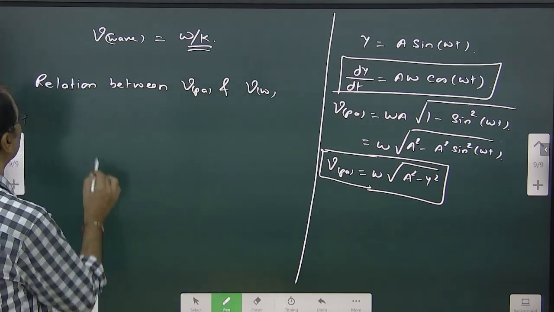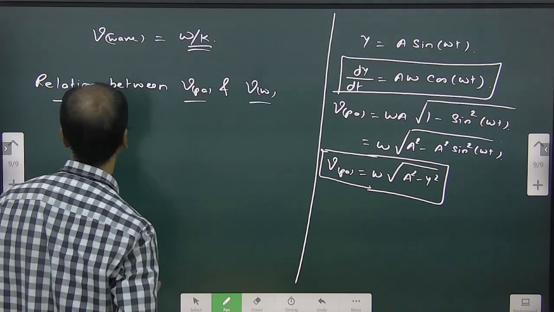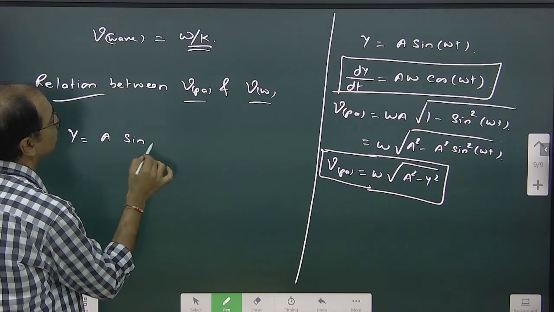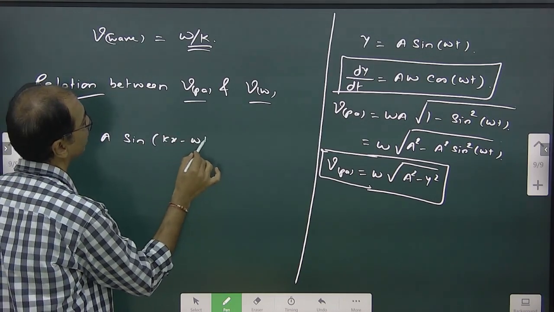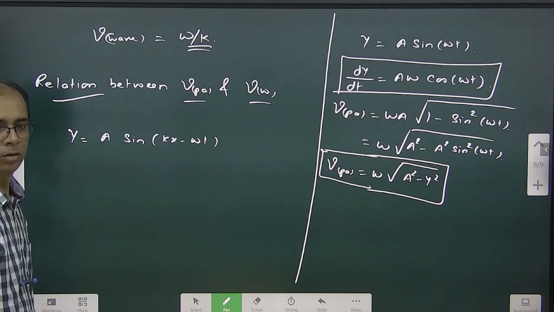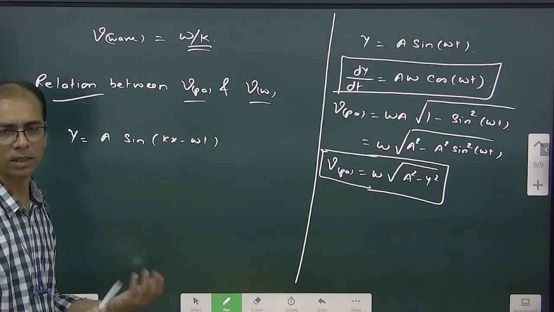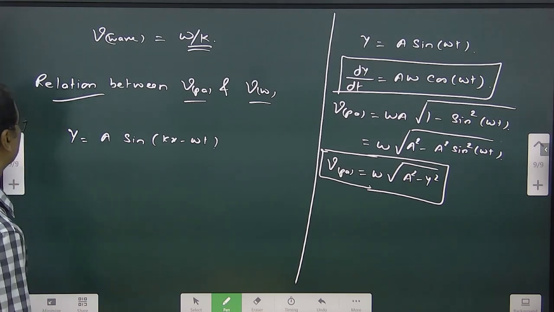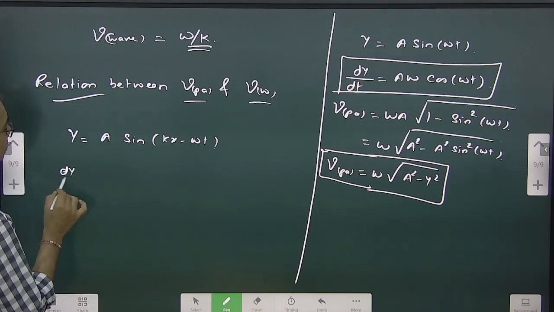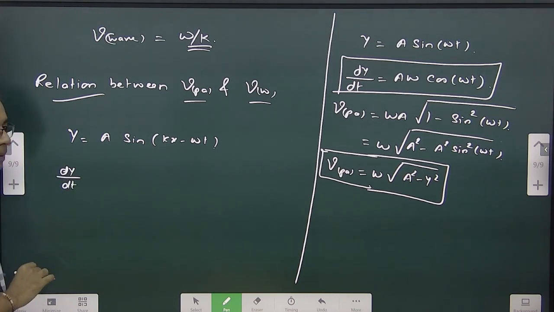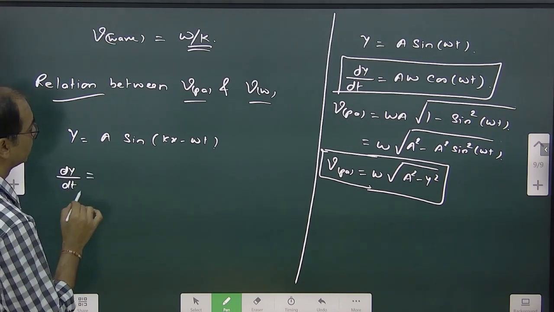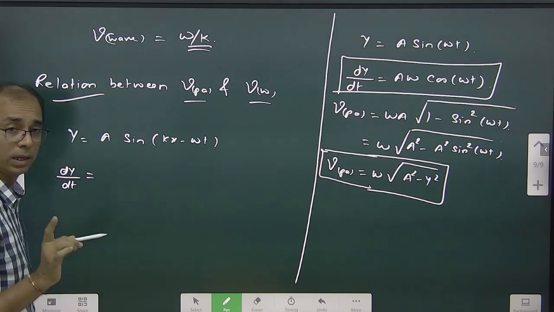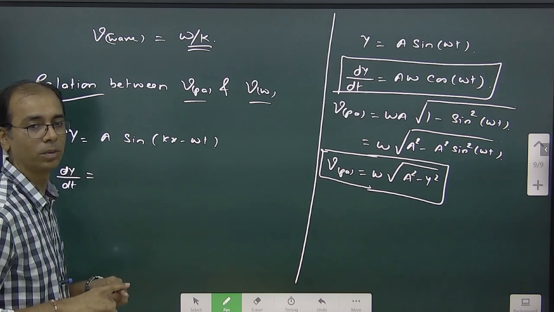Okay, so the relation between velocity of particle and velocity of wave. Suppose I am taking the kx minus omega t form. You can choose whichever you want: omega t minus kx, kx minus omega t, kx plus omega t, your wish. Then dy by dt represents velocity of particle. Differentiate with respect to t, taking x constant, because you are talking about a single particle.